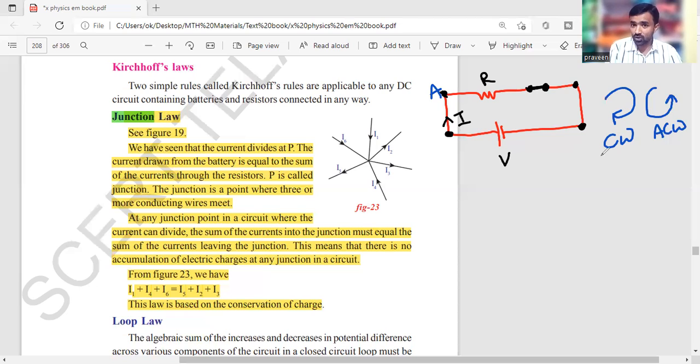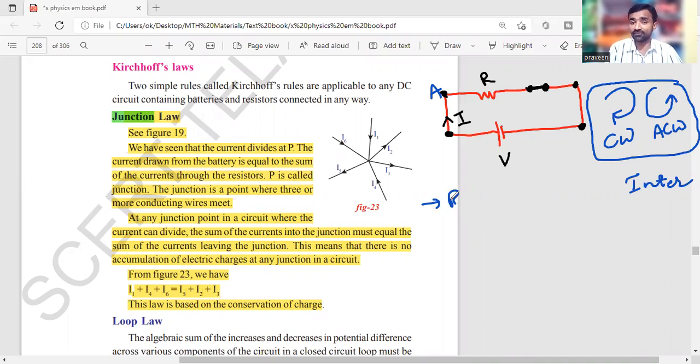If you follow the clockwise direction, we will follow certain symbols, or if you follow the anti-clockwise direction, we will follow certain symbols. These clockwise and anti-clockwise directions were symbolically given in your intermediate level. In this, there are rules of sign convention given.